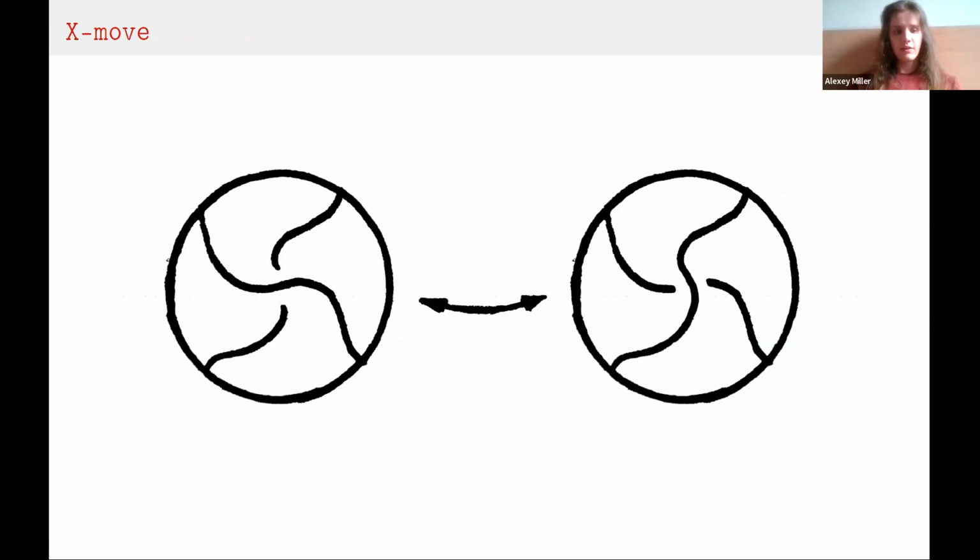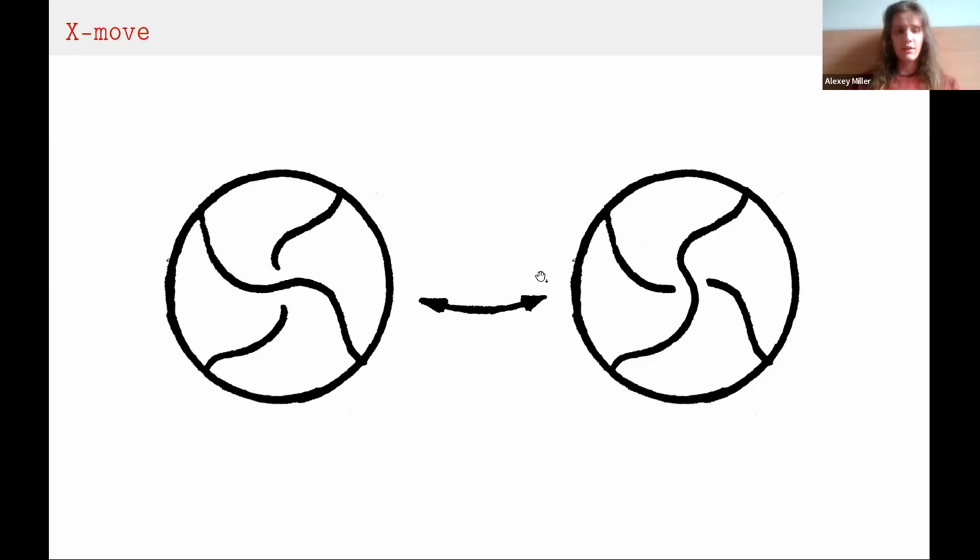As an example, we present a classic knot transformation called crossing change or X move. It corresponds to the following procedure. In the given link, we find such a tangle as in the figure on the left and replace it with a tangle as in the figure on the right, or vice versa.